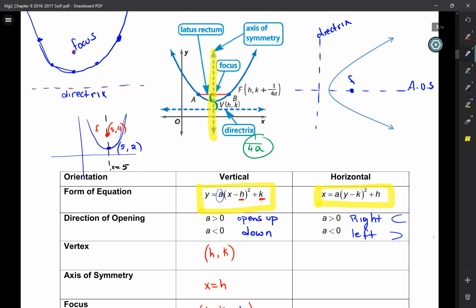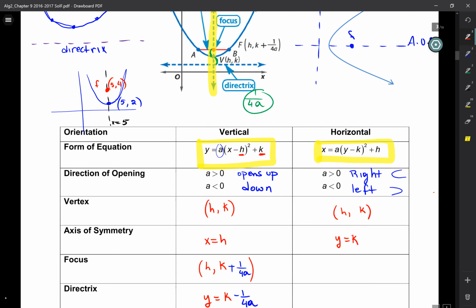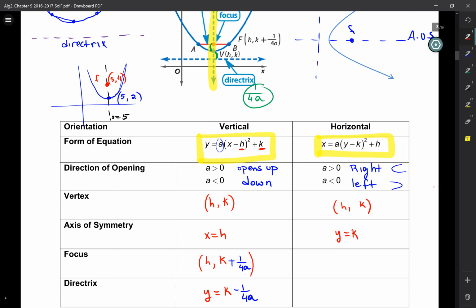All right? Now, vertex is always h and k. Now, axis of symmetry. If it's a horizontal parabola, it's a horizontal line. So does it cross the x or y axis? Y axis. So it's going to be y equals k, because y always goes with k. X goes with h, y goes with k. Now, if I'm at the vertex here, which direction do I have to go to hit the focus?